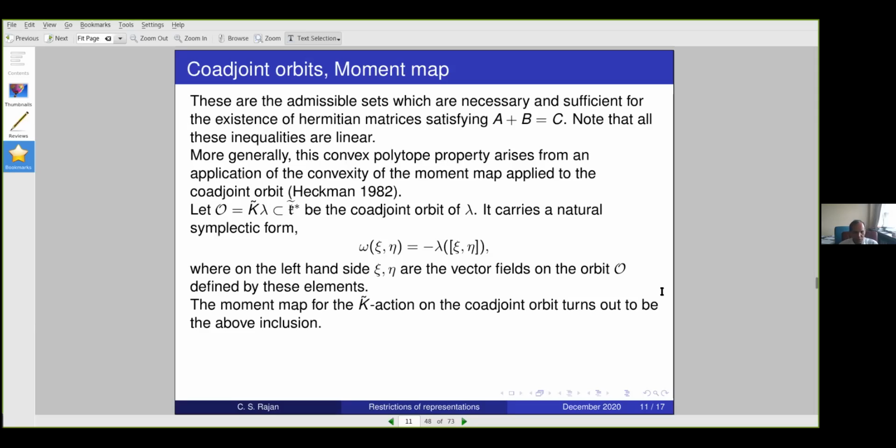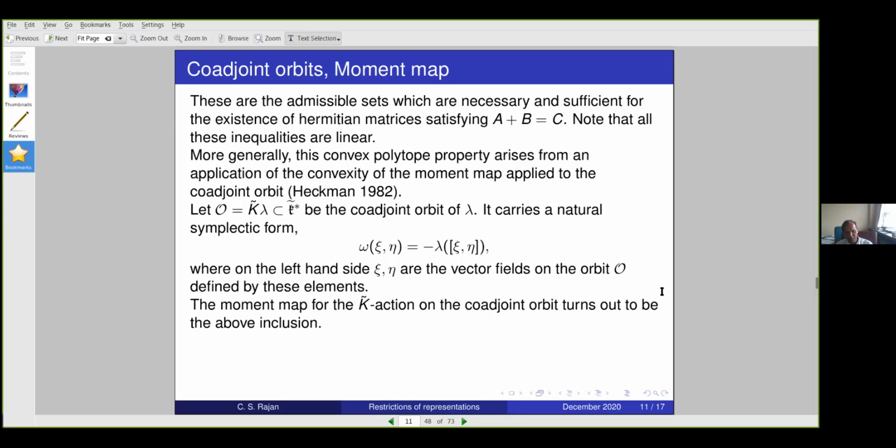And I don't want to get into the definition of the moment map. As I said, I don't really understand many of these things; maybe I could have said what the definition is, but I don't have a feel for it. The moment map for the K tilde action on the coadjoint orbit turns out to be the above inclusion of O contained inside K star.